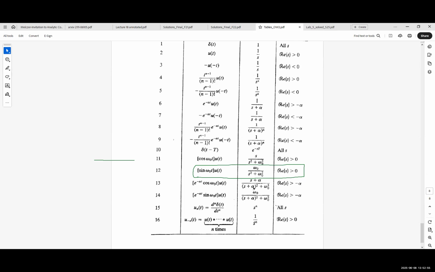I guess my question is, a sinusoid is bounded, but is the system still considered unstable? Yeah, it depends. Again, it's a matter of the terminology. It's unstable because we typically say that the system is stable if we want to see that a bounded input produces a bounded output.